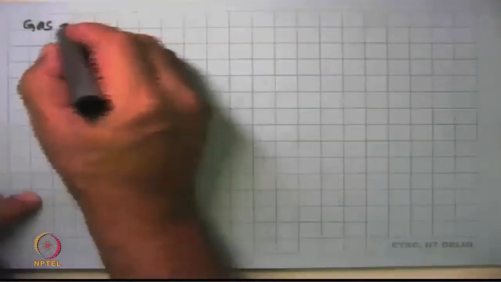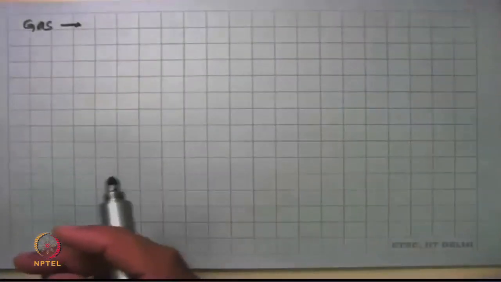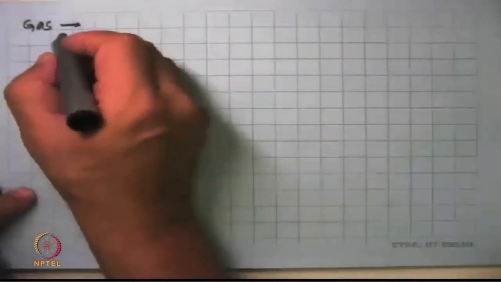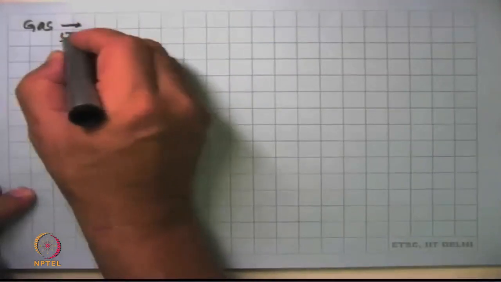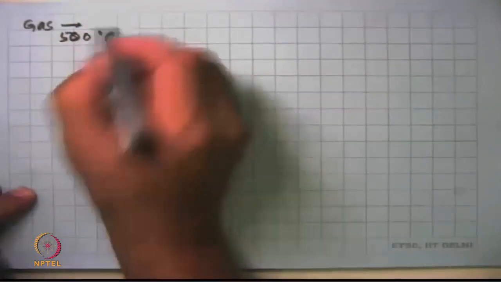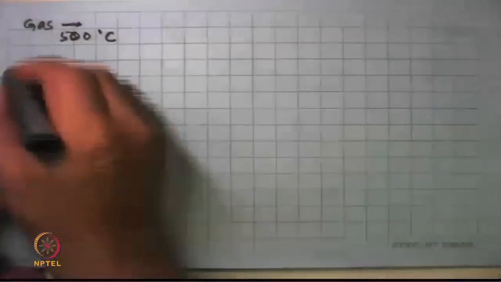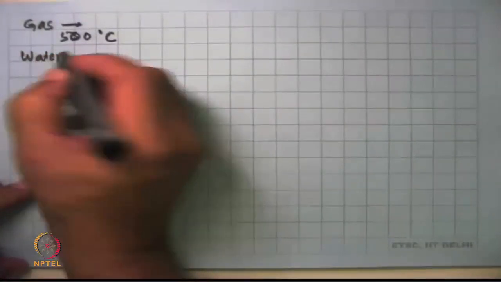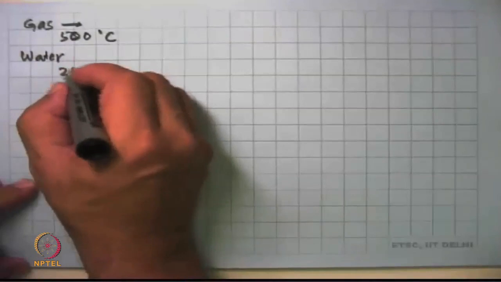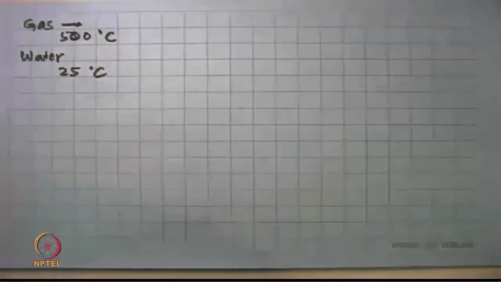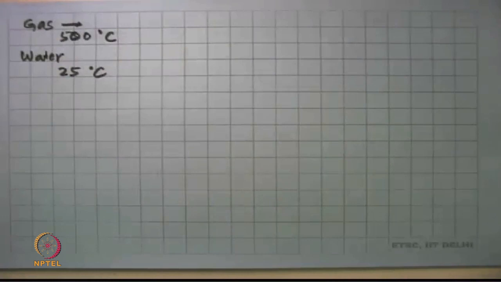And I will illustrate that with an example where we say that we have a gas coming out of, say, a gas turbine power plant, and this gas is at, say, about 500 degrees Celsius. And I want to heat water which is at ambient conditions, about 25 degrees Celsius.